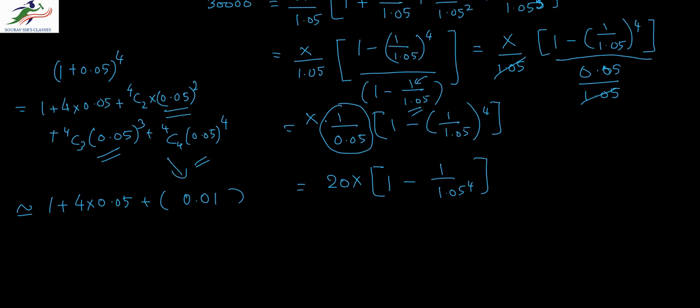So roughly this becomes 1.21. So hence this would become 30,000 is equal to 20x into 1 minus 1 by 1.21 roughly.